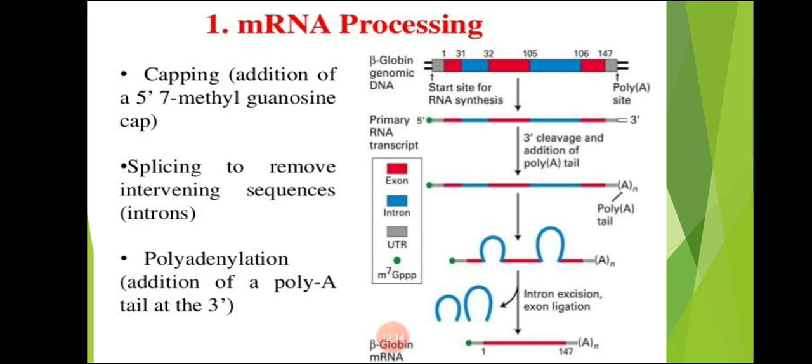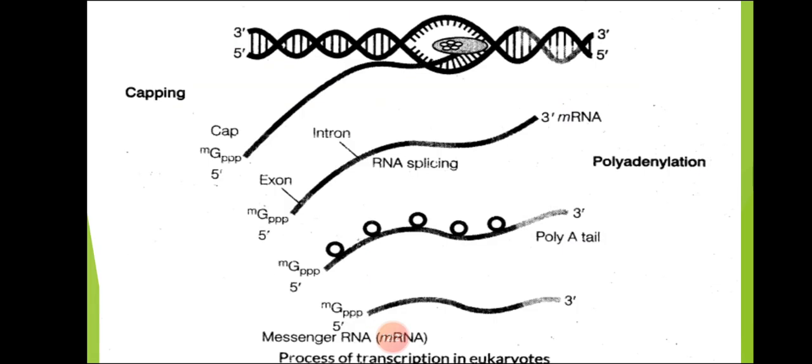What do you mean by splicing, capping, tailing? You can see in this diagram, the first step is capping. Capping means addition of methyl guanosine triphosphate at the 5' end. Then splicing means removal of introns.